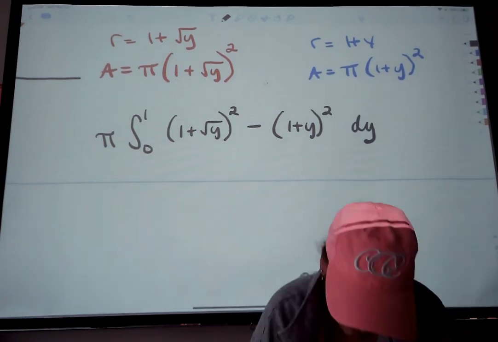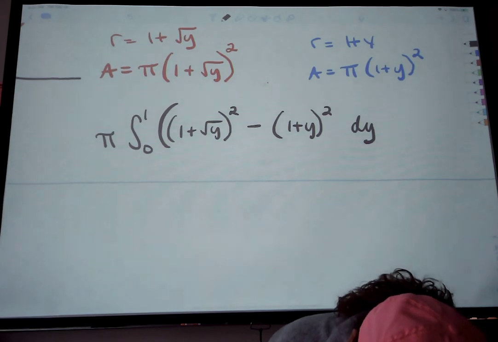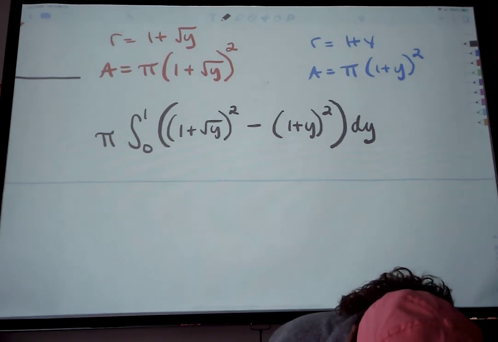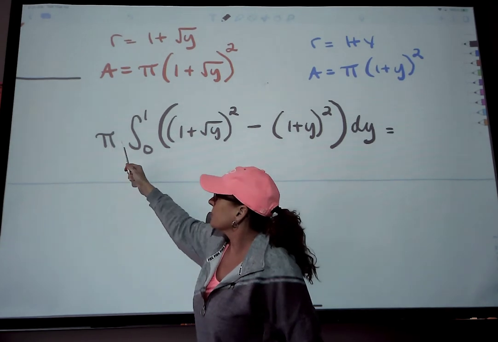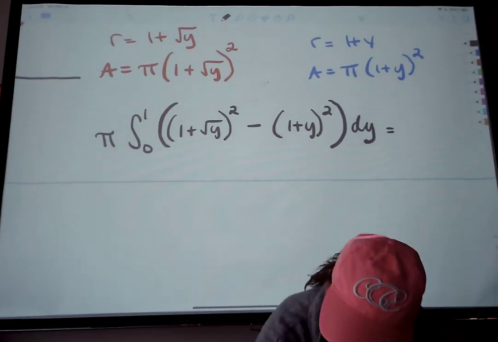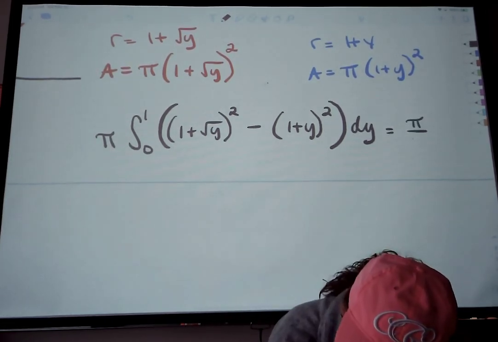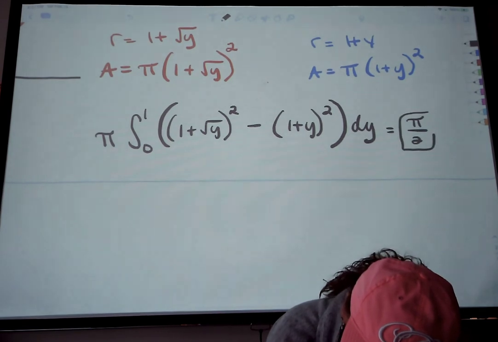Thickness of the plate. And again, hold this out. Don't put it in your integral. Just do your integral. You get 1/2. So therefore your answer, throw the pi back on. Don't forget to throw the pi back on. The answer is pi over 2.